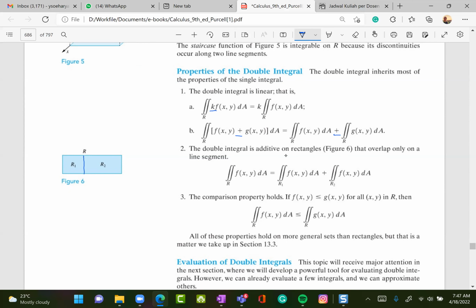That's what we call additive. We also have the comparison property: if F is below G on that rectangle R, then that order also applies for the double integral. If F is less than G, then the double integral of F is less than the double integral of G.